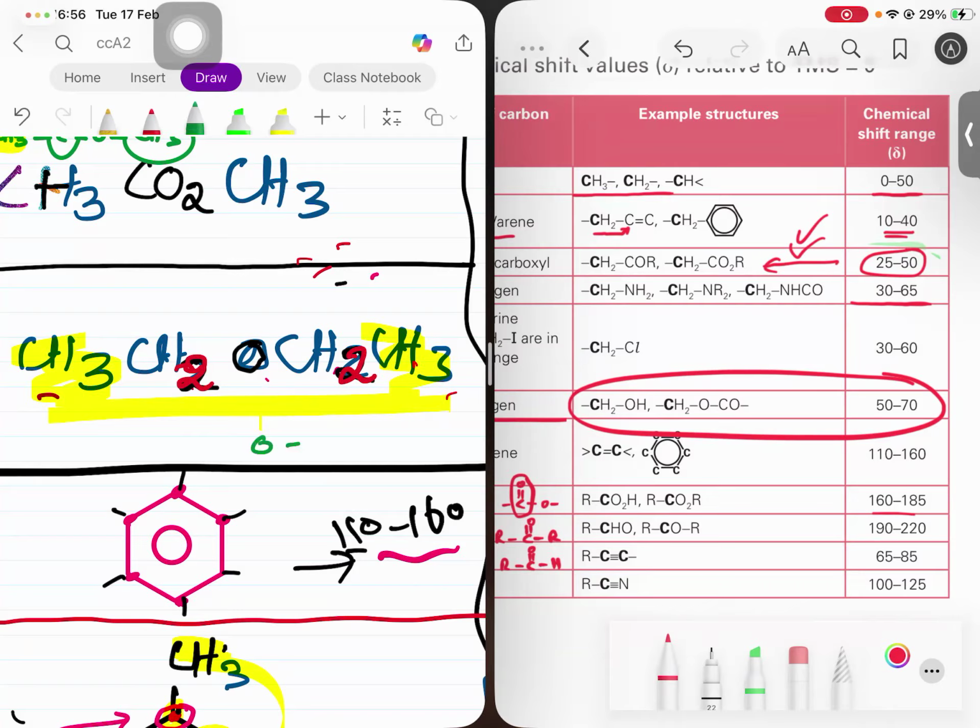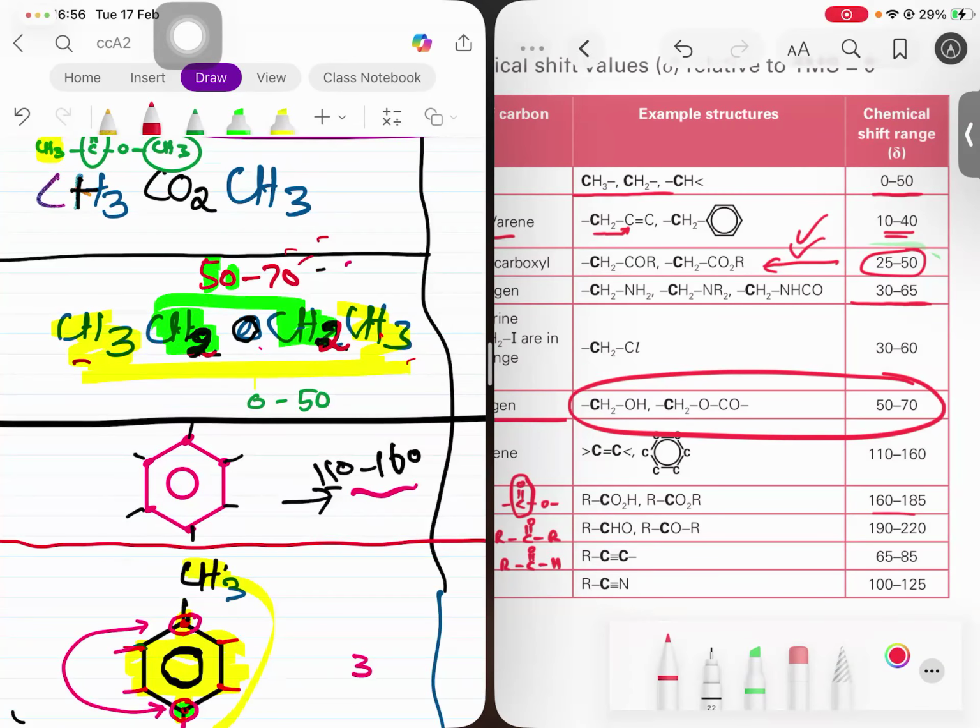So 0 to 50. These two CH2 contribute to one peak. What will the range be? Next to O, right? 50 to 70. Only two peaks. Sorry, I was trying to confuse. Two peaks only. Where is the third? There is no third.